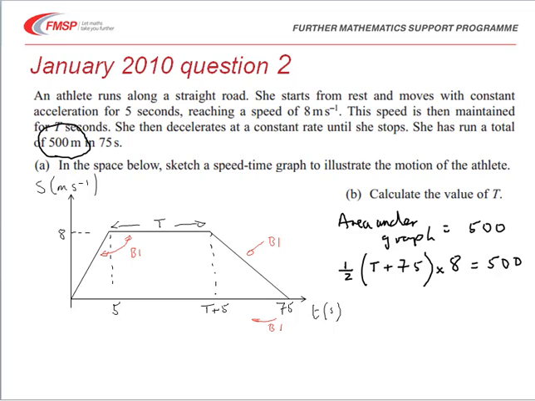Well, multiplying up by 2 and then multiplying out the 8 into the bracket, or alternatively doing it by cancelling the 2 and the 8 to give you 4, whichever way you do will lead eventually to an answer of t is equal to 50 seconds.